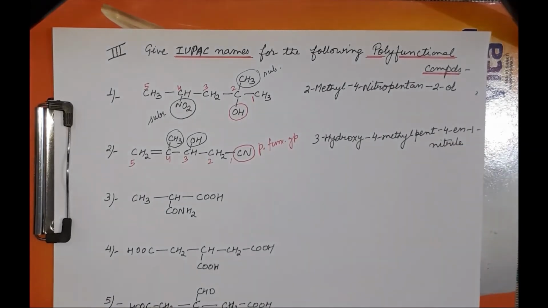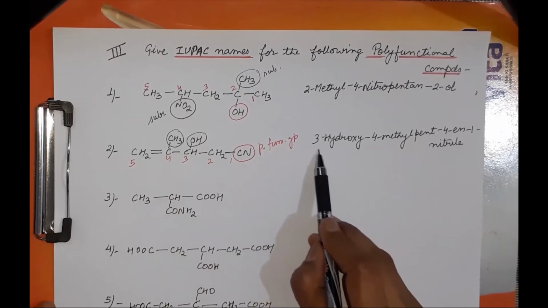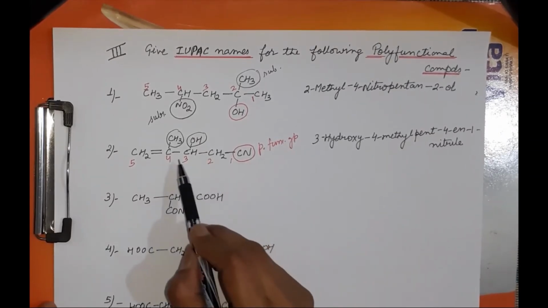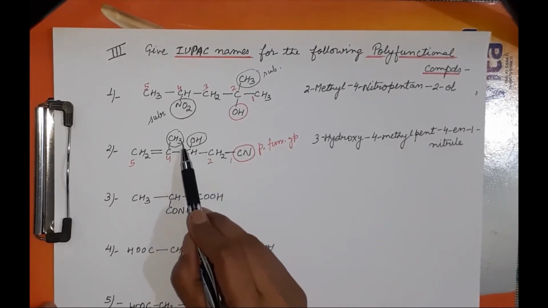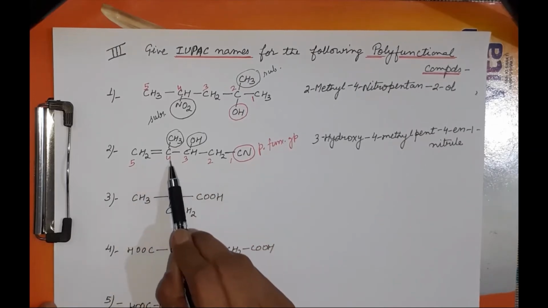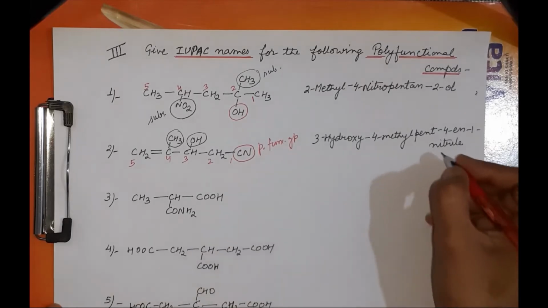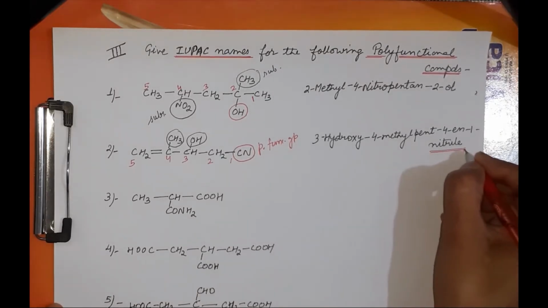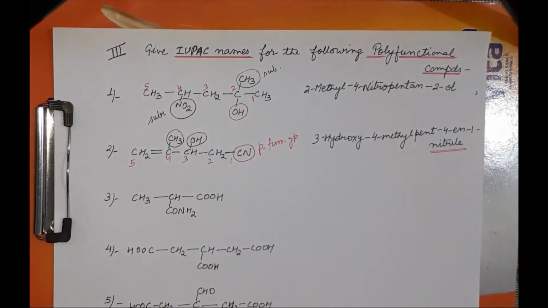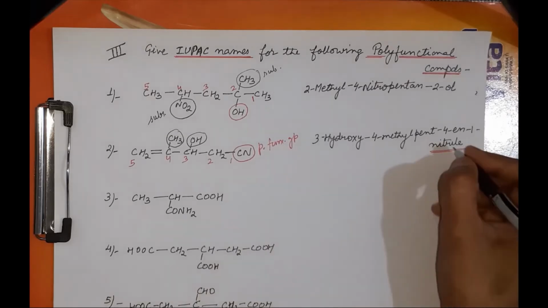So this will be the name. So in alphabetical order we write the substituents, 3-hydroxy 4-methyl pent-4-yne-1-nitrile. So this nitrile is added as a secondary suffix in case of CN functional group. So this will be the name.